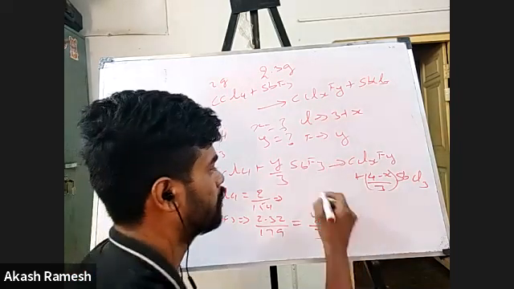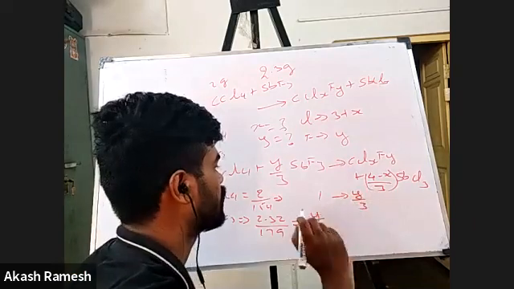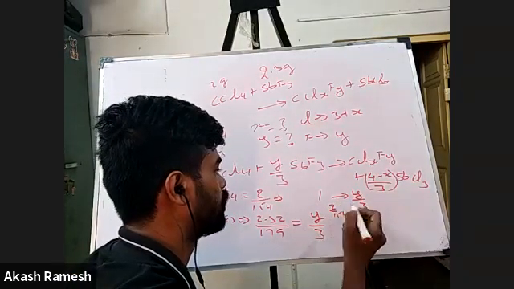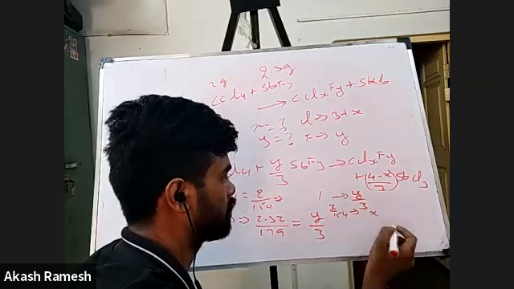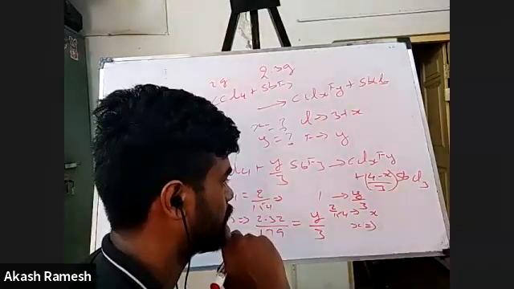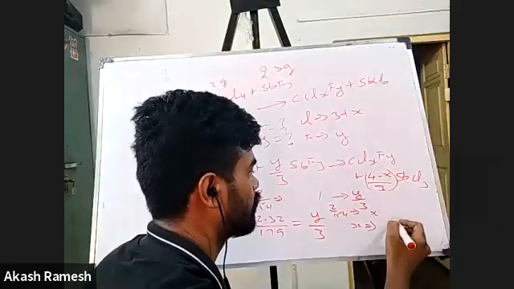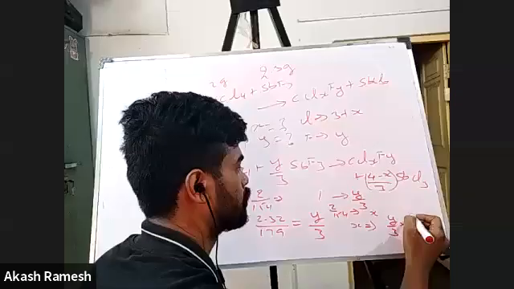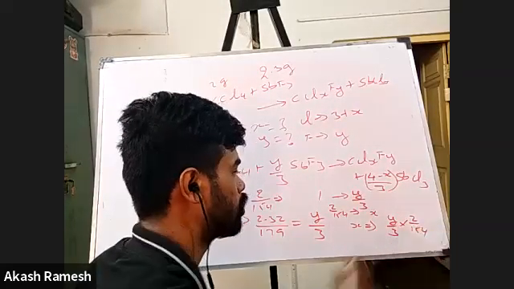So for 1 mole, it is Y by 3, and for this many moles, 2 by 154, it is some X. So X would be Y by 3 into 2 by 154.